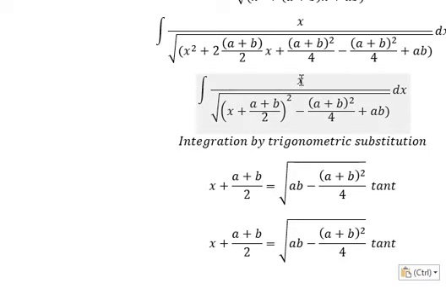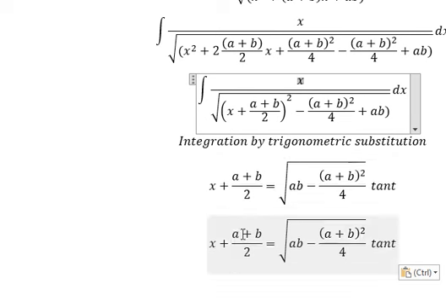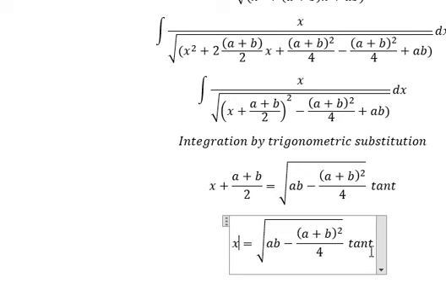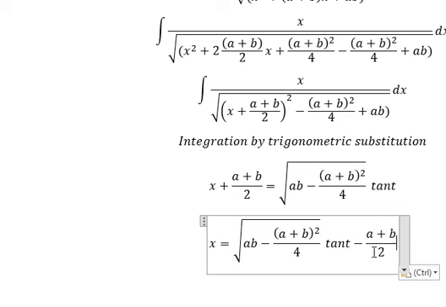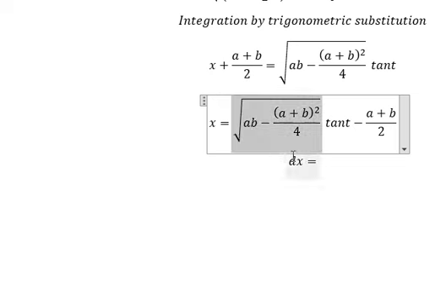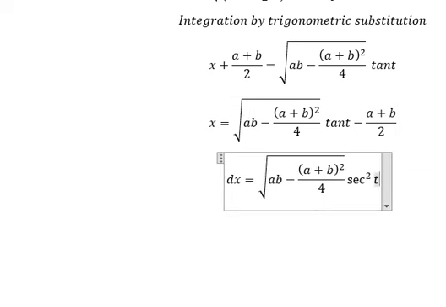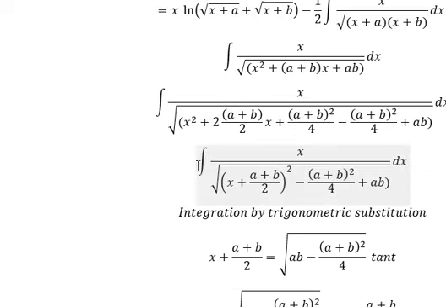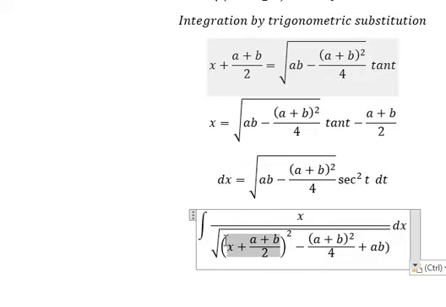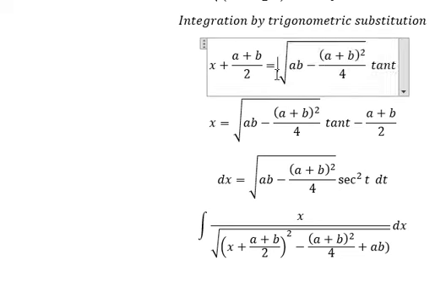Next, because we have s, I will move this one to the right. So this one goes here. Next, we need to do first the derivative for both sides, and we have it like this. So this one, that is this one.